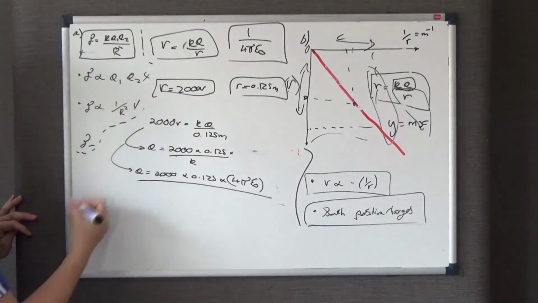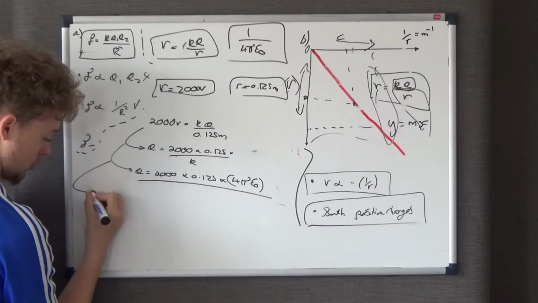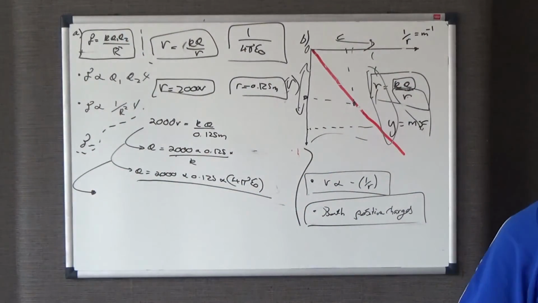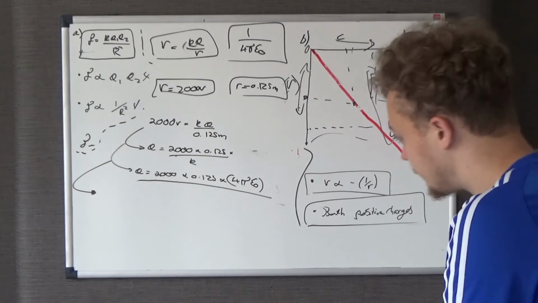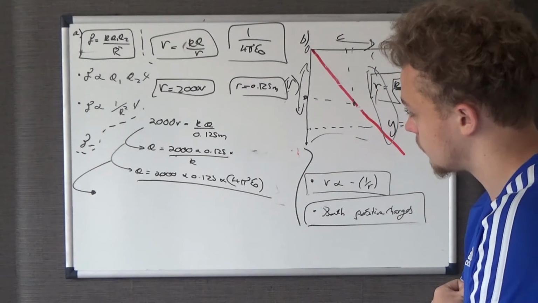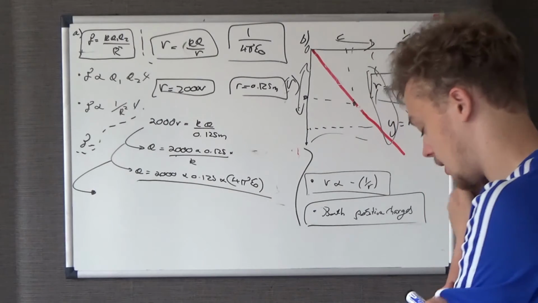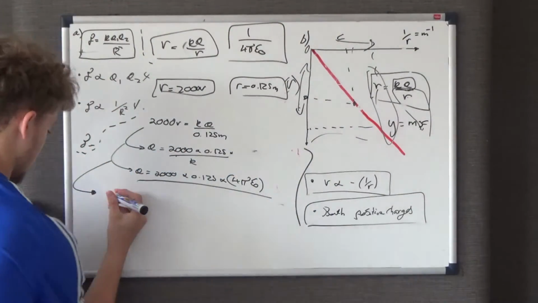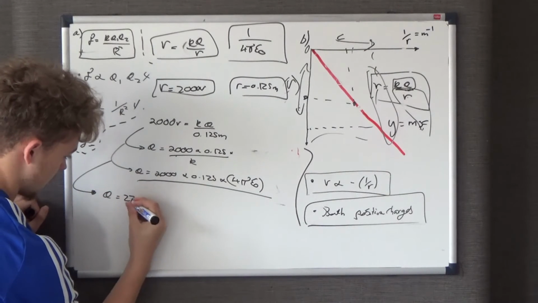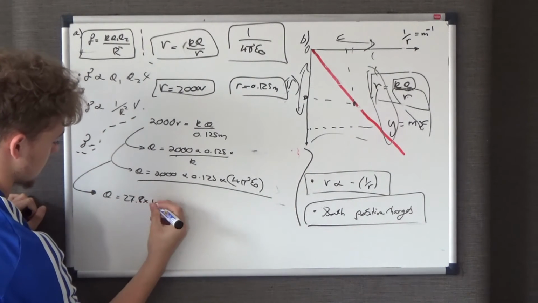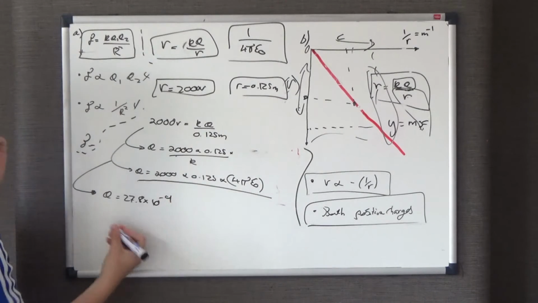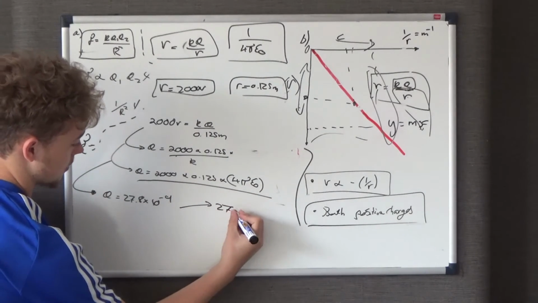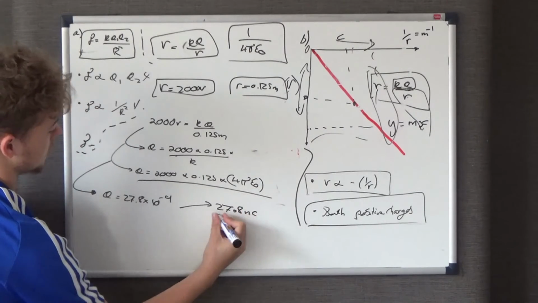So again, just subbing the numbers in, and you'll get an answer of 27.8 times 10 to the 9. And obviously you just divide that by 10 to the 9 to get 27.8 nanocoulombs, which is what it's asked you.